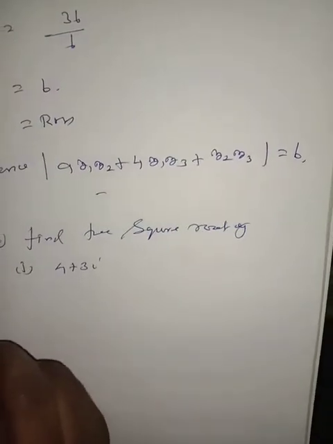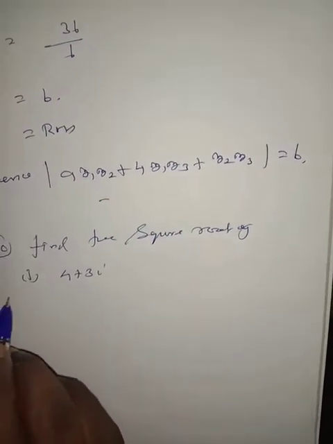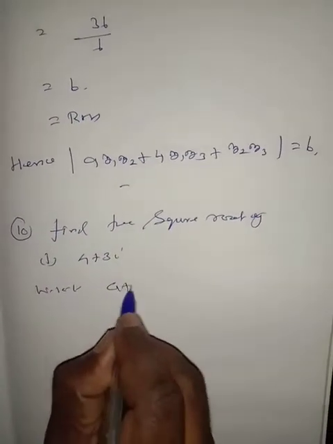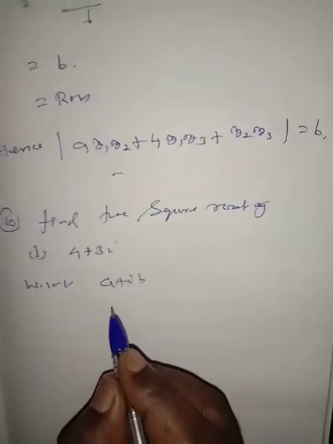We know that a plus ib is a complex number.